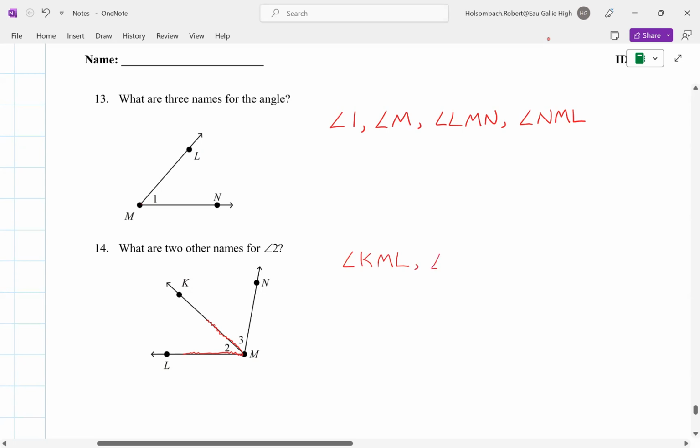We could also call it angle LMK. And I believe that's the last problem on your study guide. So that concludes your study guide for quiz 14.